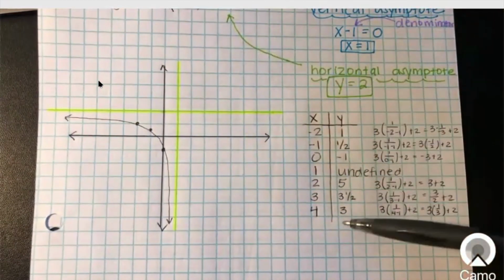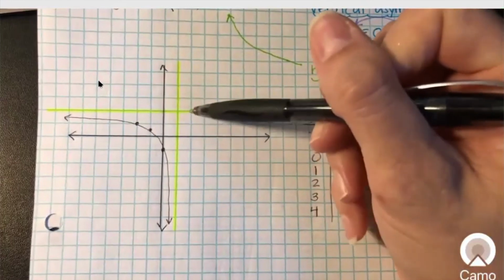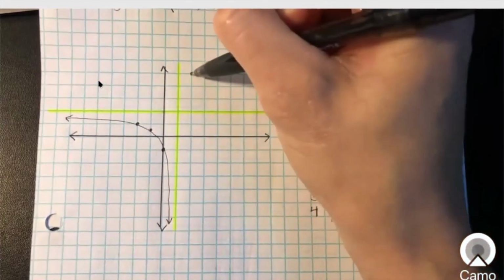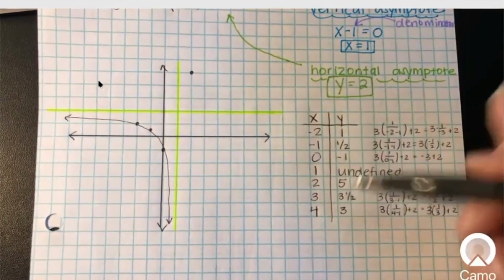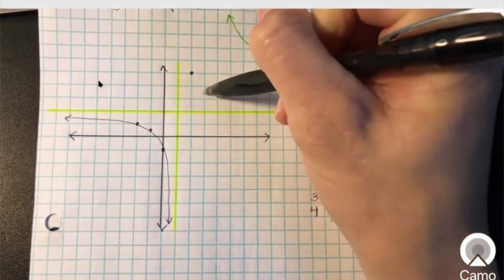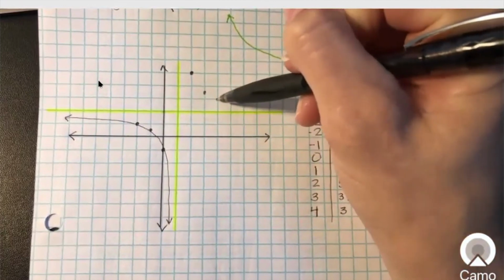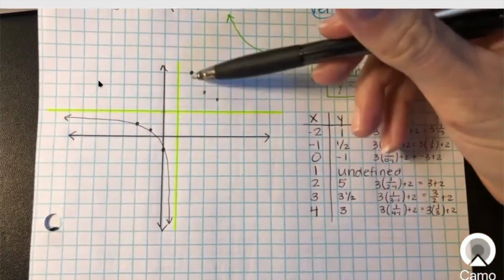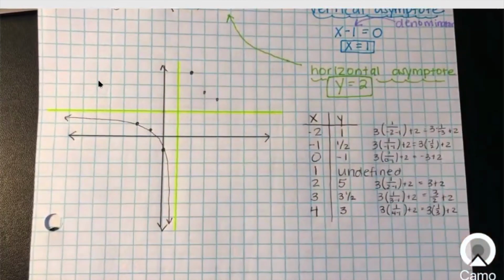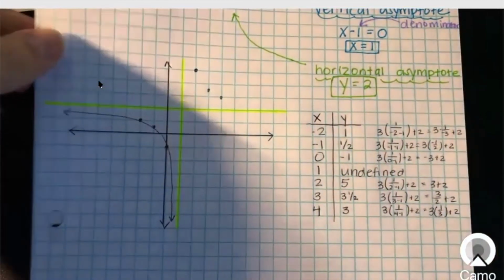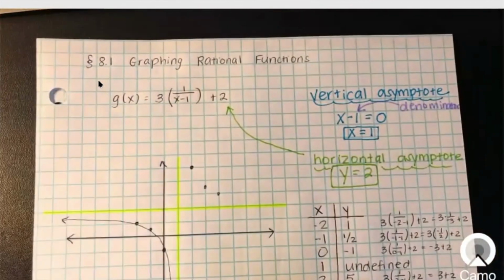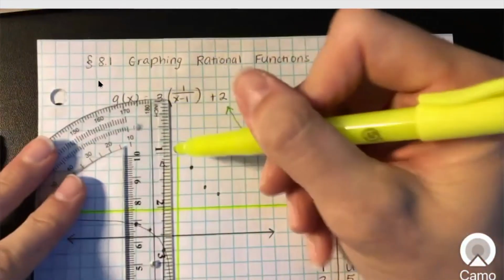So those are both things we want to include. Now, if we go ahead and graph the other half of it, we have 2 and then 5, 3, 3.5, and then 4, 3. And again, we know we're going to get really close. I'm going to go ahead and extend my vertical asymptote up here so I can draw my function a little easier.